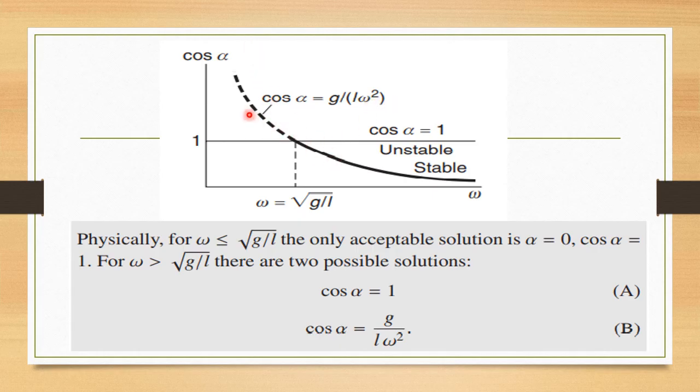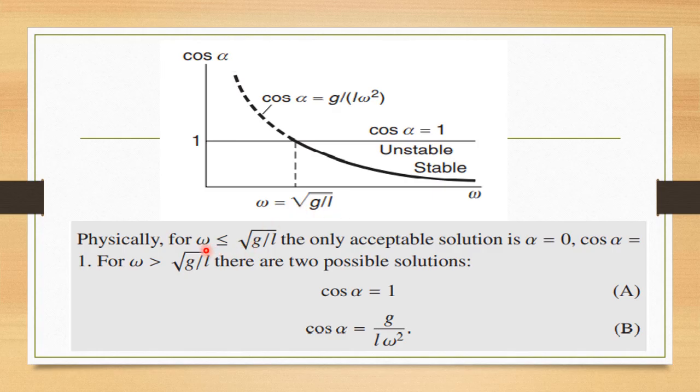This dotted line in the graph shows the inconsistent region, and below this only a stable variation of the pendulum occurs. This is the critical point where omega is equal to root g by L.